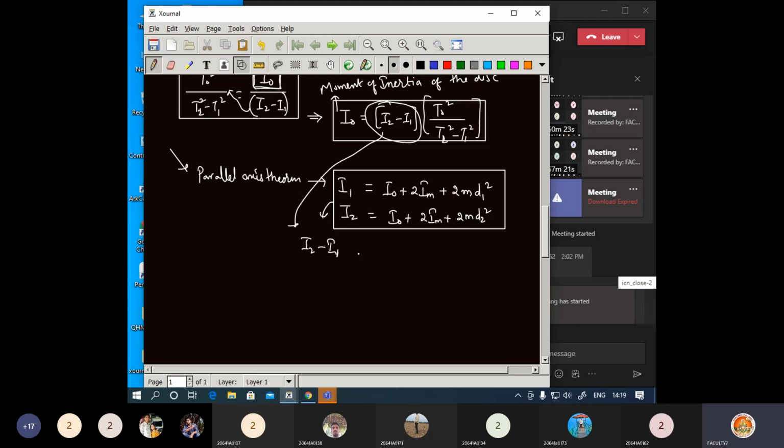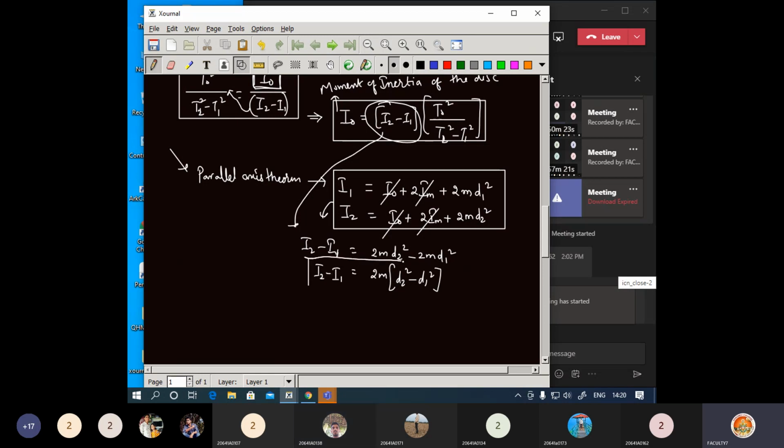What you will get here: these two will get cancelled and these two will get cancelled, and here you will get 2m d2 square minus 2m d1 square. Now take out the common factor, then you will get 2m (d2 square minus d1 square). Now this is the value for I2 minus I1.